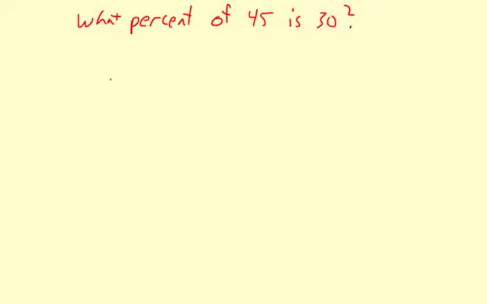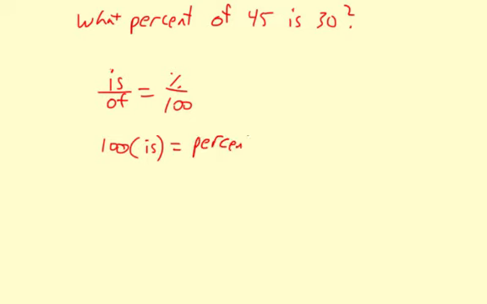Remember, the percent proportion is is over of equals percent over 100. Well, what you can do to make this an equation is cross multiply, and you get 100 times is equals percent times the of.